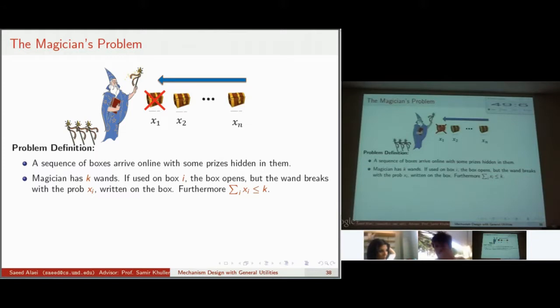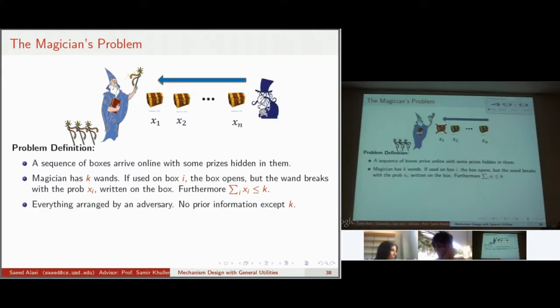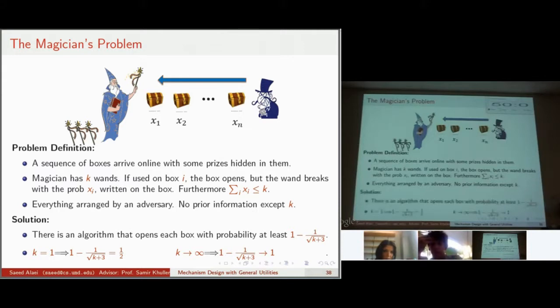Now, in order for the magician to get the prizes and maximize his utility, he has to simultaneously maximize the probability of opening every box. We assume that everything has been arranged by an adversary, and that the magician has no prior information except for the number of wands. And we present a solution.